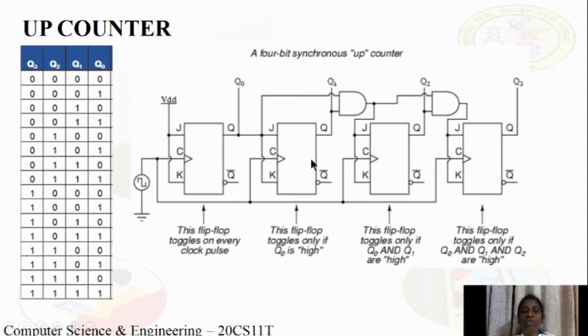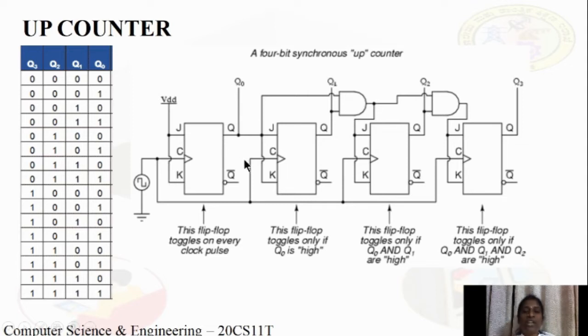When Q0 is 1, the state of the flip-flop will change, and the output values Q and Q bar change. Then automatically Q1 will be changed.